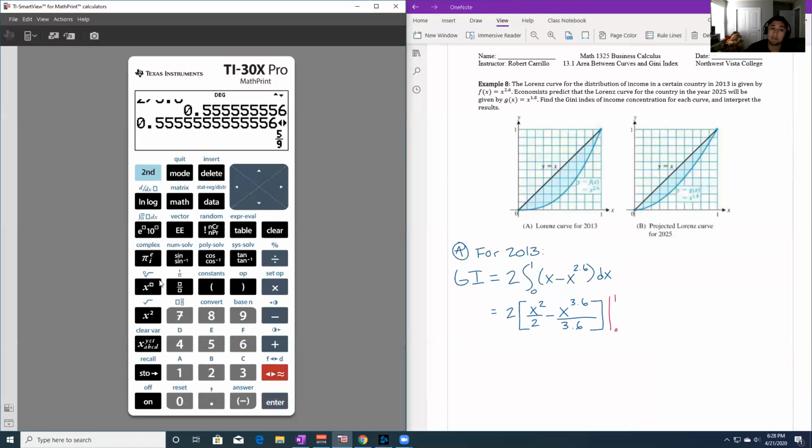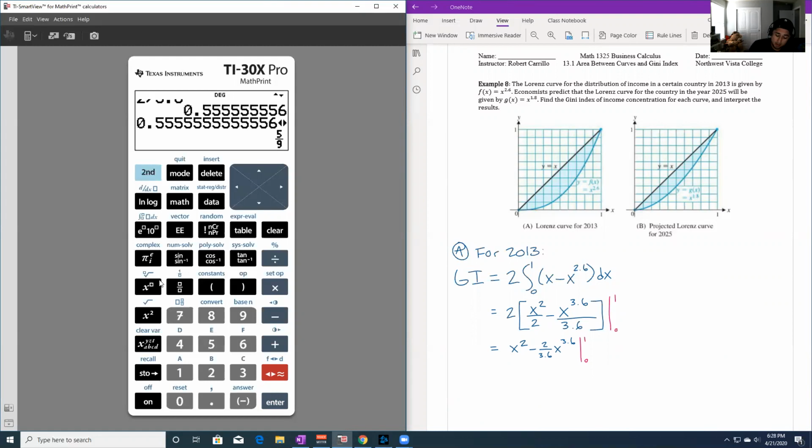Ooh, 5 9ths. Or you can just leave it as 2 over 3.6 if you want. So I'll say 2 over 3.6 x to the 3.6 from 0 to 1.